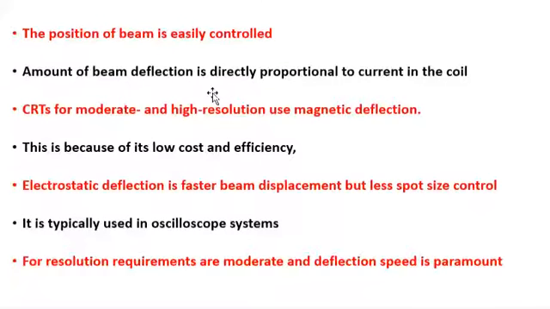That is, you have to put in more energy and concentration before you can control the spot size that will be formed on the front screen. And this one is typically used in oscilloscopes, whereas the other one, as we have said, they are used in what?